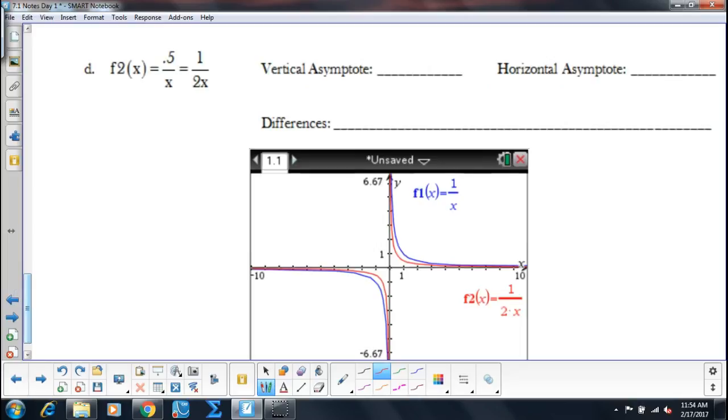Okay. Last one. f of x here now is equal to 1 over 2x. Vertical asymptote: still x equals 0. Horizontal asymptote: still y equals 0. Differences: smaller outputs, right? Yep, that one's just got some smaller outputs.